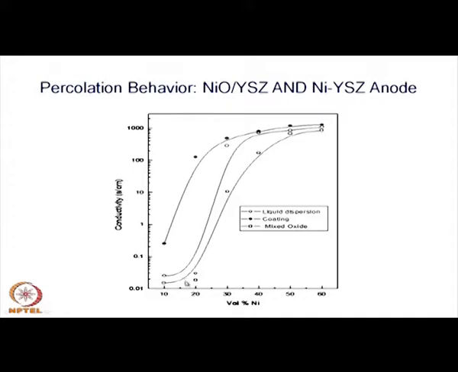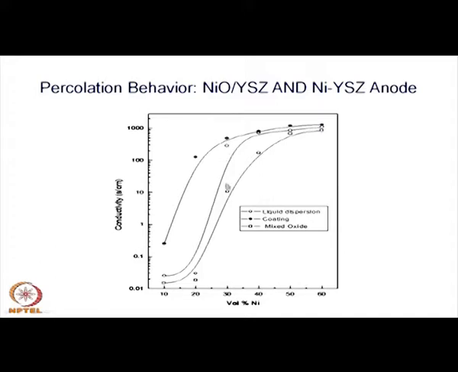So, you can see there was a much lower conductivity for the same volume. Let us say if you are talking about 30 volume percent of nickel, the conductivity is much lower for the samples prepared by solid state mixing, whereas the liquid dispersion technique has a slightly higher conductivity, and the coating technique which I have discussed just now has a much higher conductivity.